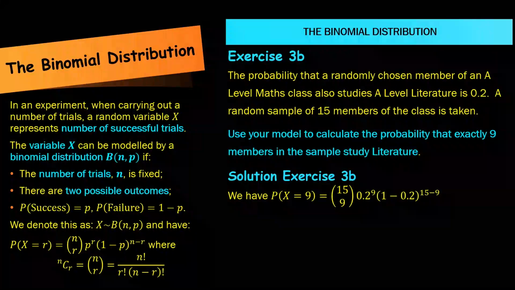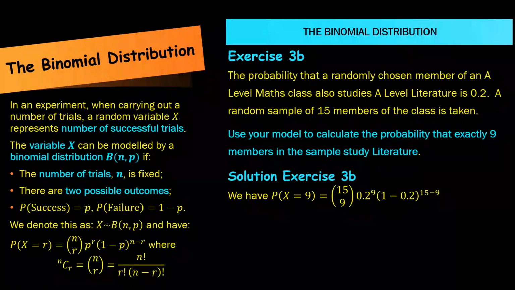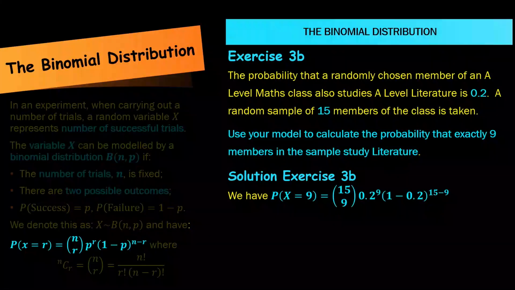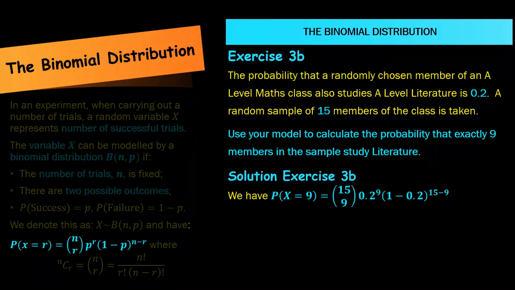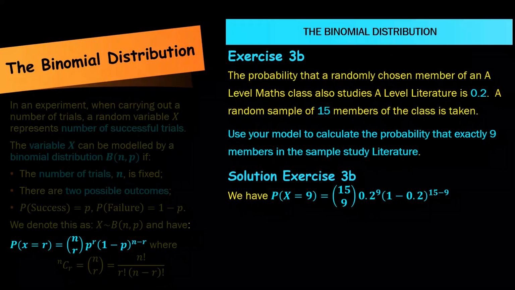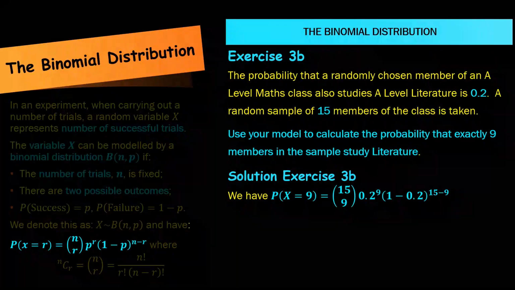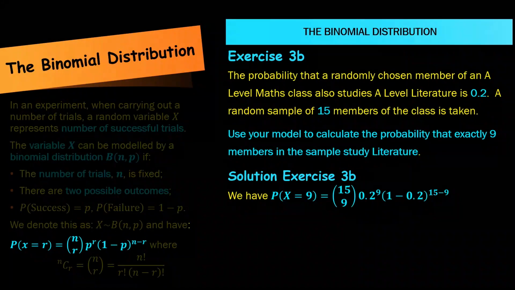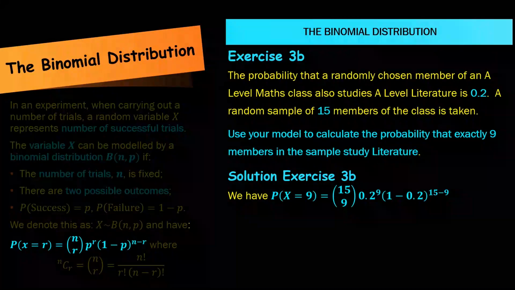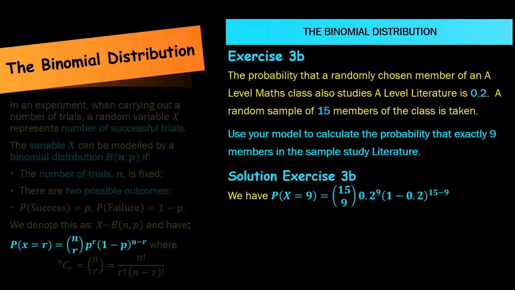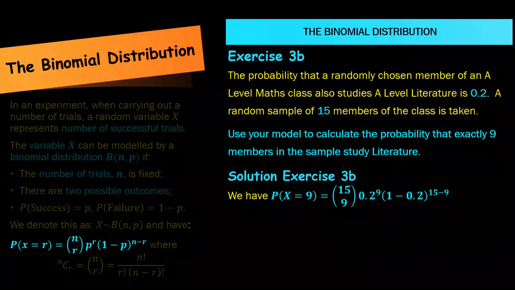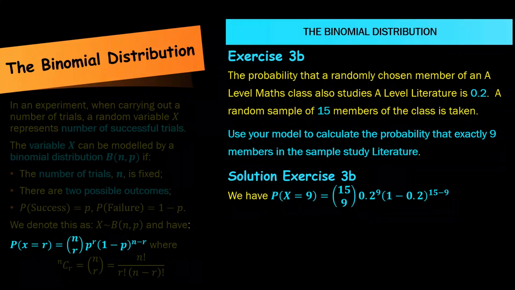We have that the probability that x equals 9 equals 15 choose 9, since n equals 15 and r equals 9, times 0.2 to the power 9, since p equals 0.2 and r equals 9, times 1 minus 0.2, since of course 1 minus p is 1 minus 0.2, to the power 15 minus 9, which is n minus r.